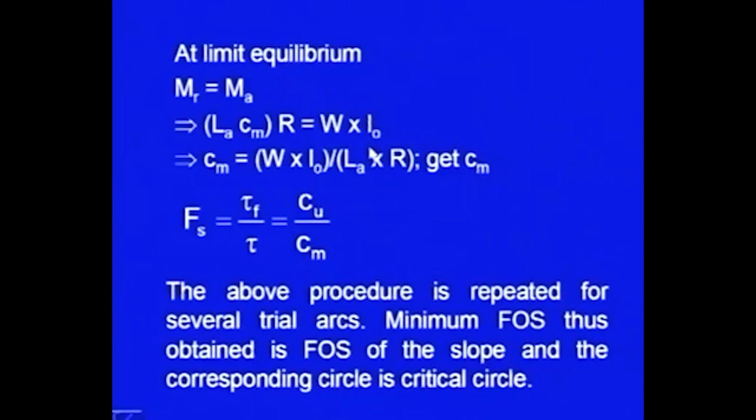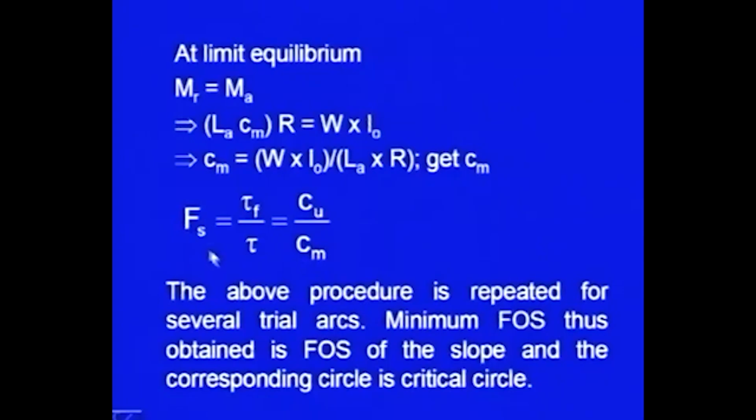in just the limit equilibrium situation, and factor of safety is defined as tau f upon tau, or in terms of Cu and Cm you can define the factor of safety. It is always the maximum value of the cohesion which can be offered by the soil mass, and what is the value that is being mobilized to keep this slope stable.